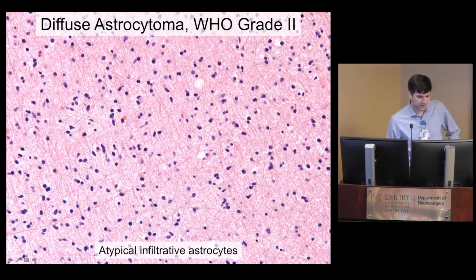So what do these things look like again? I've given you an idea of what the astrocytic tumor nuclei look like. So what does a diffuse astrocytoma look like, a WHO grade 2 tumor? Basically, we look for normal neuropil in the background, and we think this neuropil is a little bit edematous and splayed apart.